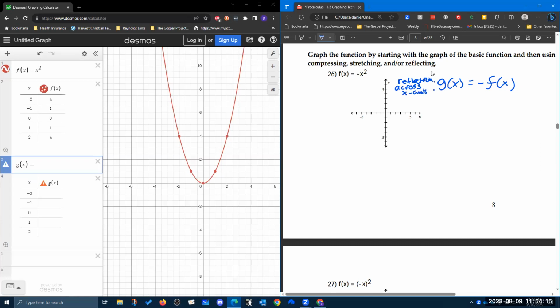If we have a reflection that looks like this, we're calculating the negative x value, the opposite x value, but keeping the y value the same. So that's a reflection across the y-axis.